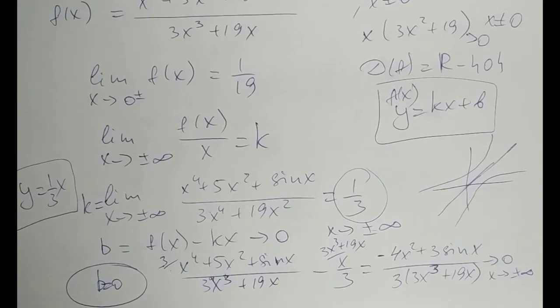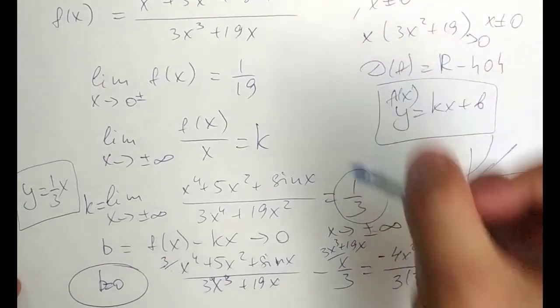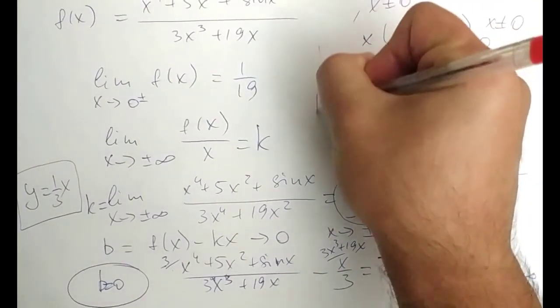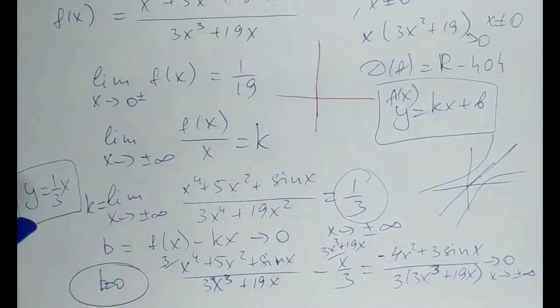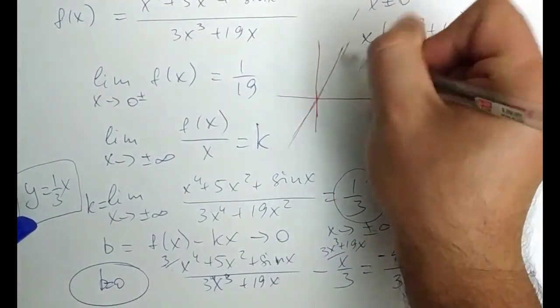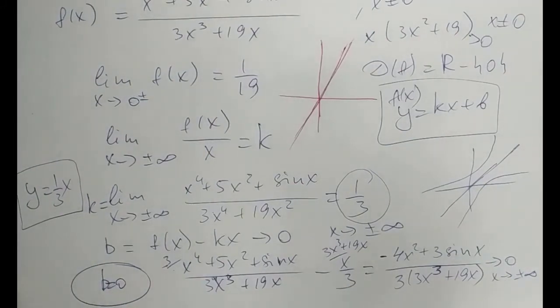And why we call it left and right oblique asymptote, because if we draw the picture, let me draw here the picture. So x over 3, this is a straight line, for example this one, it is x over 3, and our graph is going through this line, and it will be like this.